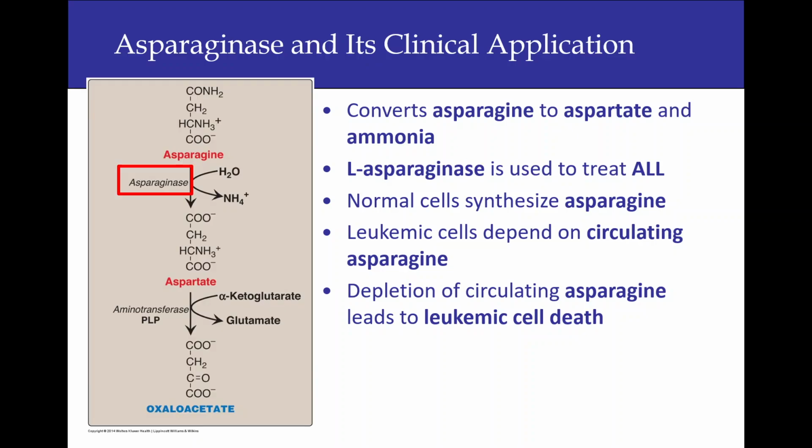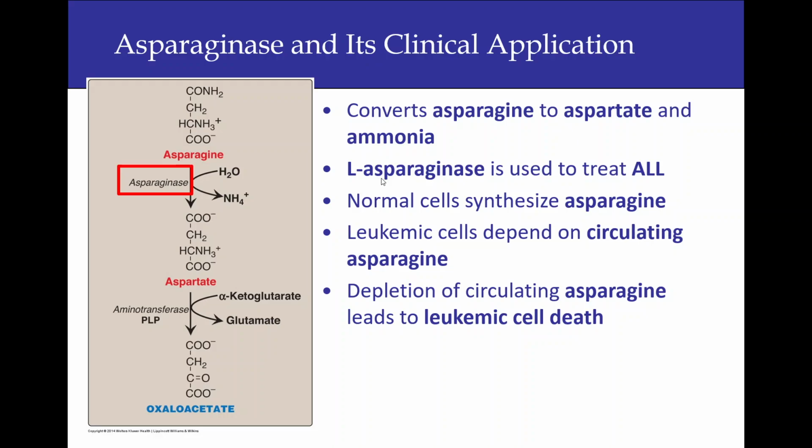Let us focus next on asparaginase. So what does asparaginase do? It removes the amino group from asparagine to produce aspartate. Why do I have it here? Because it has a clinical application. What is the clinical application of asparaginase?